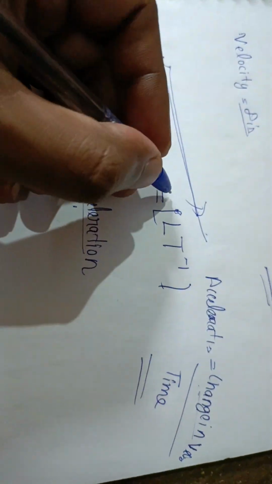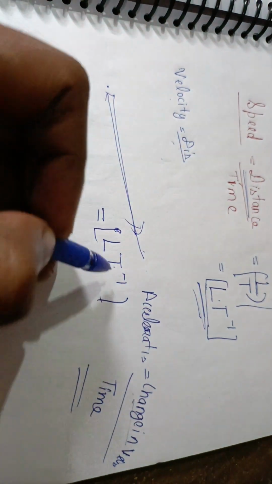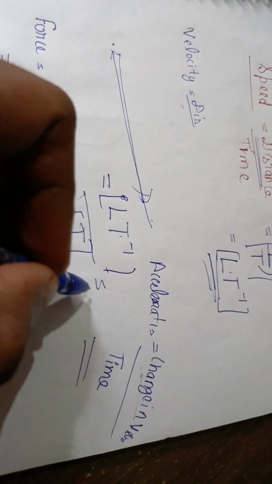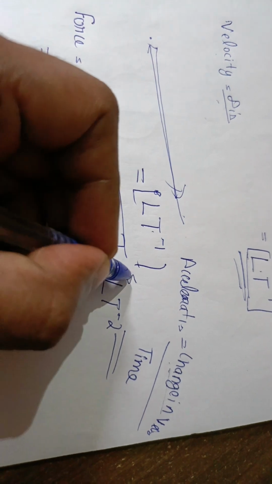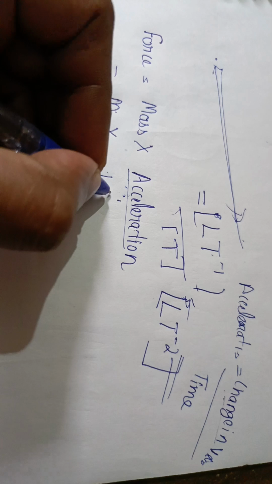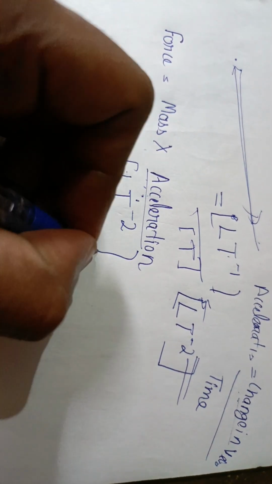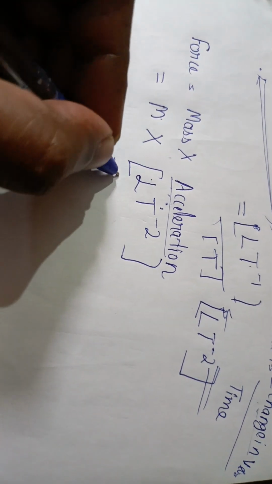We are getting this value from here: velocity equals distance upon time, L T minus 1, and upon time equals T. So when this T goes up, it will become L T minus 2. It's adding up. So here it will come L T minus 2, and now we will multiply it by mass, basically M L T minus 2.